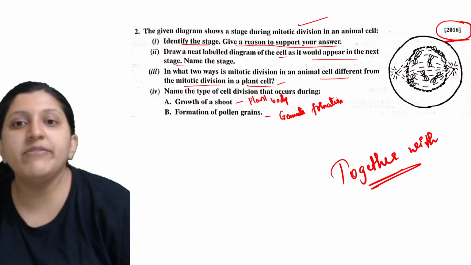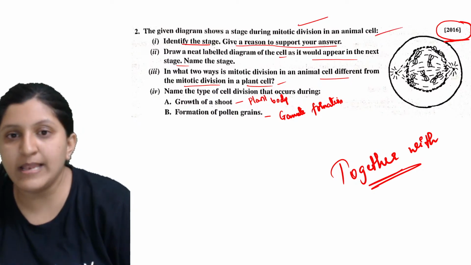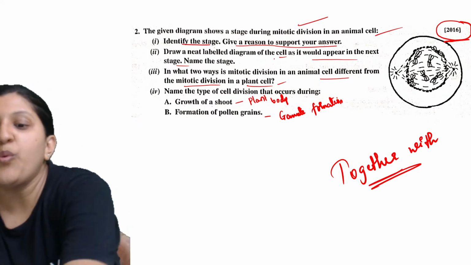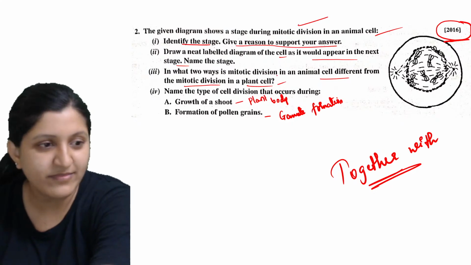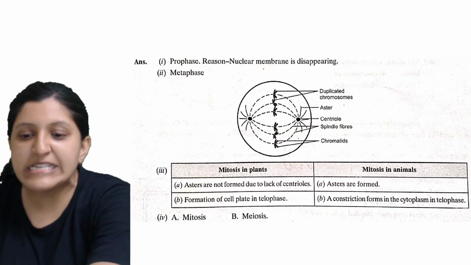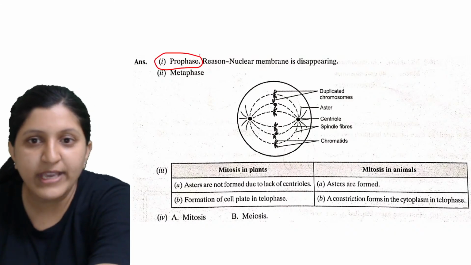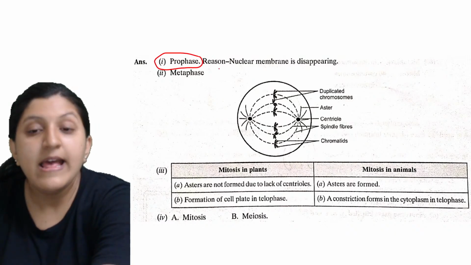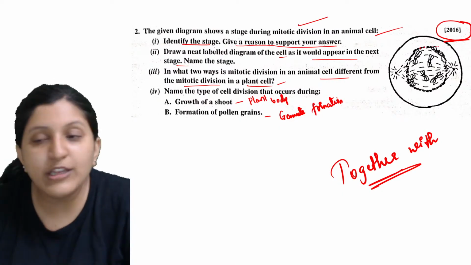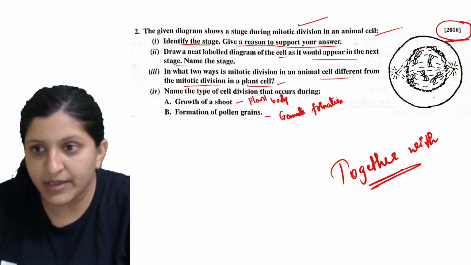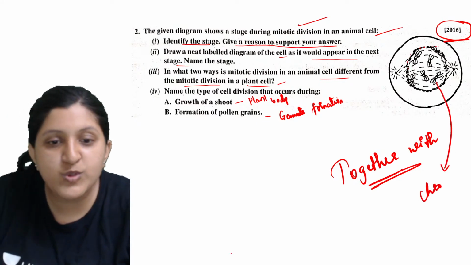Now the given diagram shows a stage during the mitotic division in an animal cell. Identify this stage. What exactly happens in prophase? So this is basically prophase itself. The reason being the nuclear membrane is disappearing, and also you can see that the chromosomes are formed.